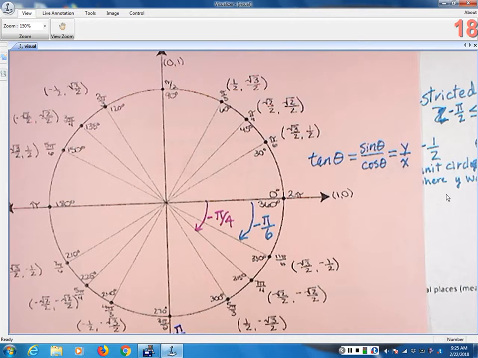You guys get this? You get it? Yeah. Everybody over here getting the workout. Like that. Positive 5 pi over 6. Okay. That's right.